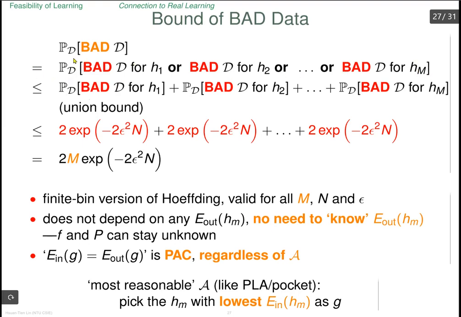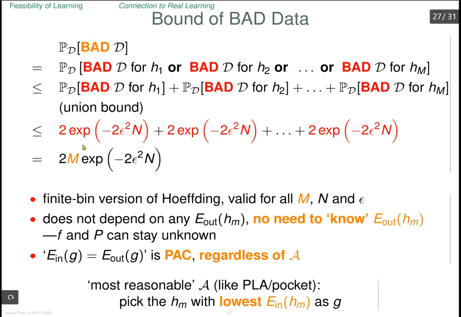So we can take the union bound of each individual probability for each of the M hypotheses. This is called a union bound in probability theory.